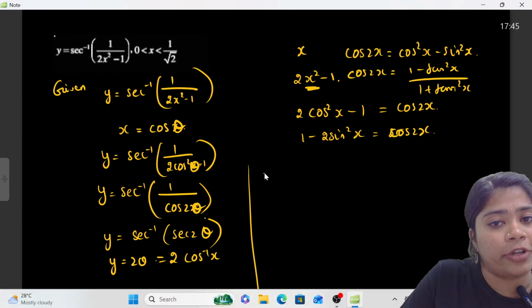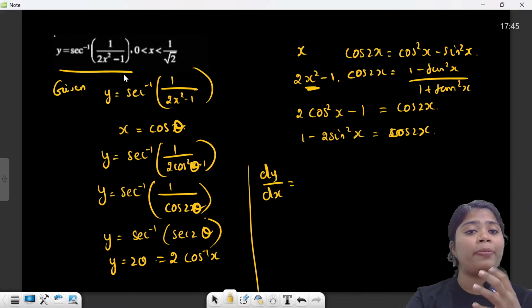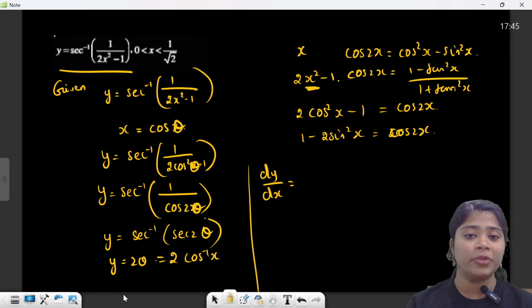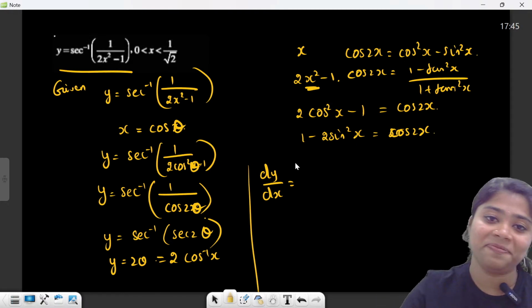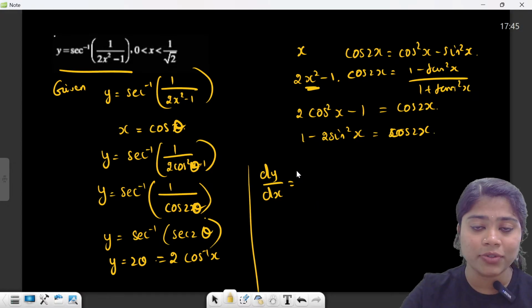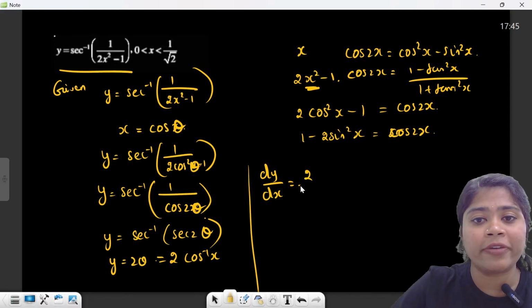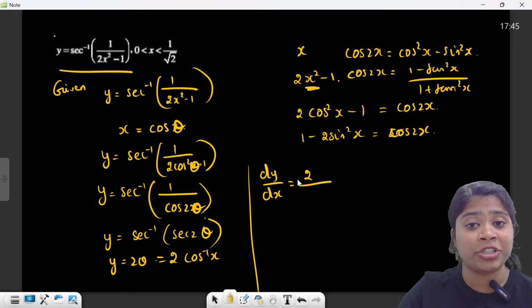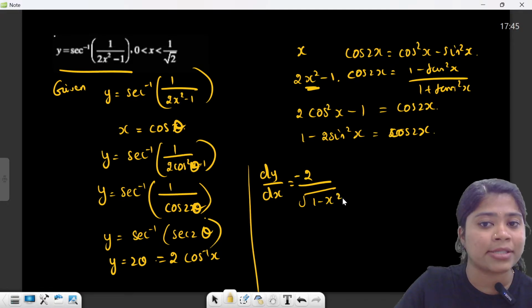So now we are going to differentiate. So dy by dx is equal to, I try to simplify this complex expression and then differentiate. What do we get? 2 divided by, so the differentiation of cos inverse x is minus 1 by root of 1 minus x squared.